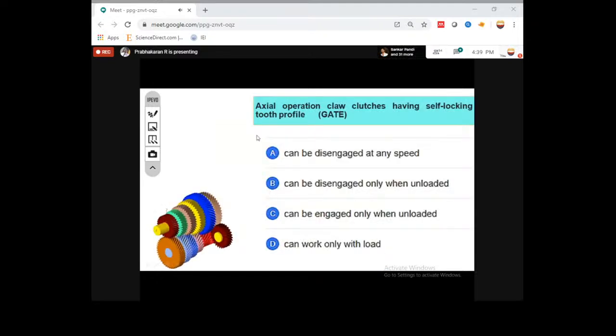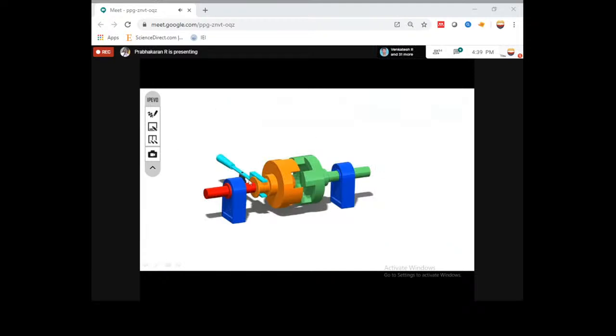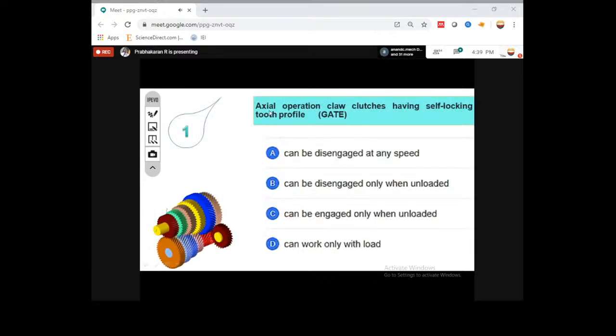So first question: axial operation dog clutches having self-locking tooth profile. You should remember first the dog clutches. Whenever running, we can easily engage and disengage. Just understand the concept: axial operation dog clutches having self-locking tooth profile.